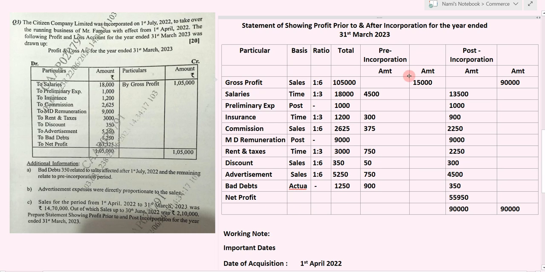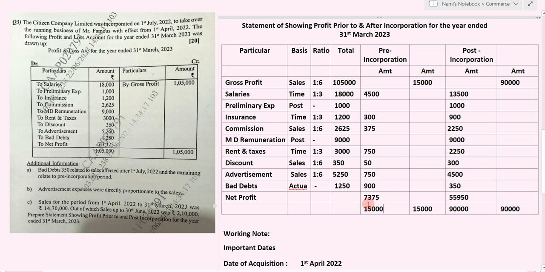Now for pre-incorporation, the credit side total is 15,000 and the debit side is less. The difference between credit side and debit side is 7,375. Both the credit and debit side tally for the pre-incorporation, and the post-incorporation debit and credit side totals are the same.